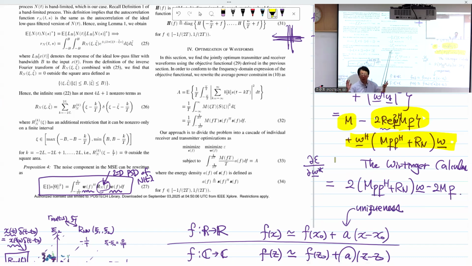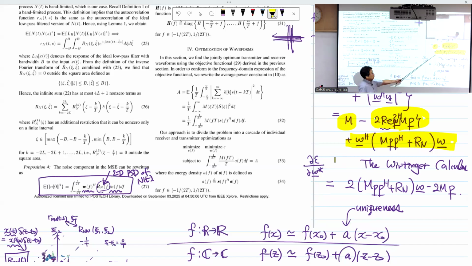Very good, because this is so cumbersome. Because the real part of a complex number involves conjugation of the argument, and it's gone. Got it? It's as if it was not there from the beginning, and W Hermitian is W transpose in your real valued world. So it's simply 2 times M times P after the partial derivative with respect to W conjugate.